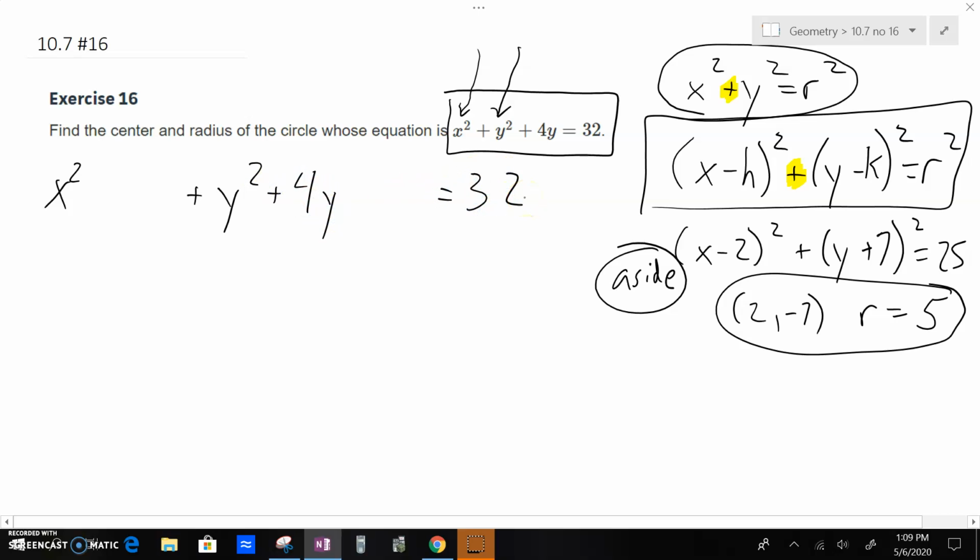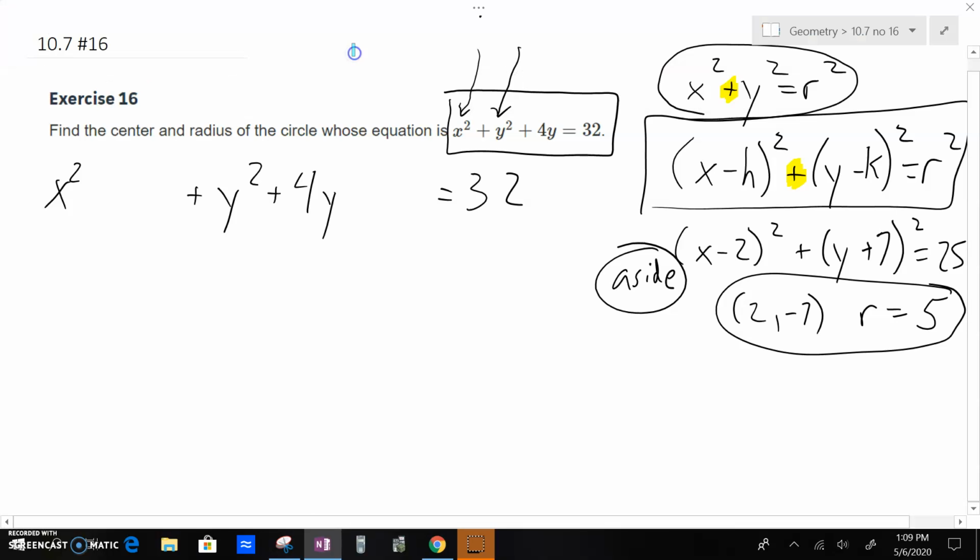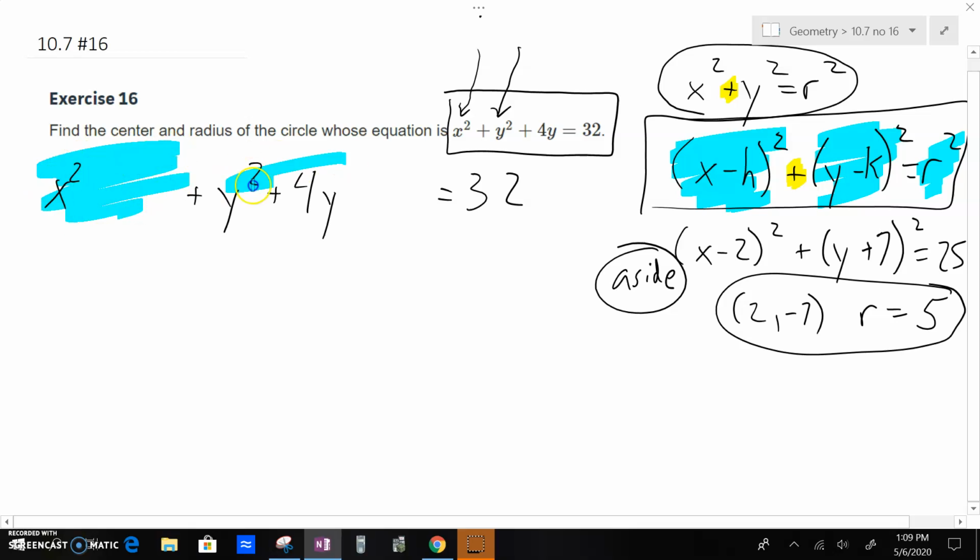What I want to do with each of these circle equations is break it into 3 pieces. Again I'll use my highlighter because I think that helps to see it. I want to break it into 1 piece, 2 pieces, and 3 pieces. So those 3 blue pieces, here they are.